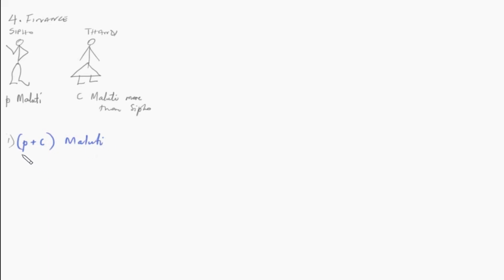That's her money. Sipho's money plus C, because it's C Malodi more than Sipho. That's her total amount.